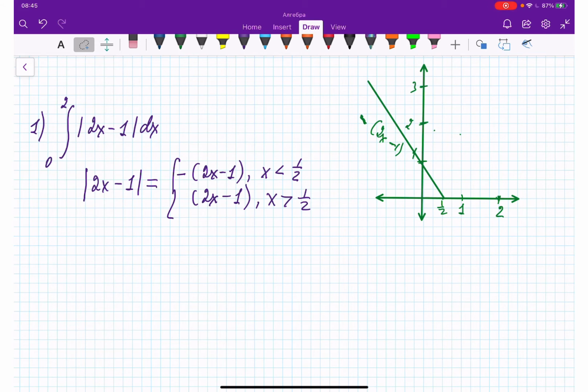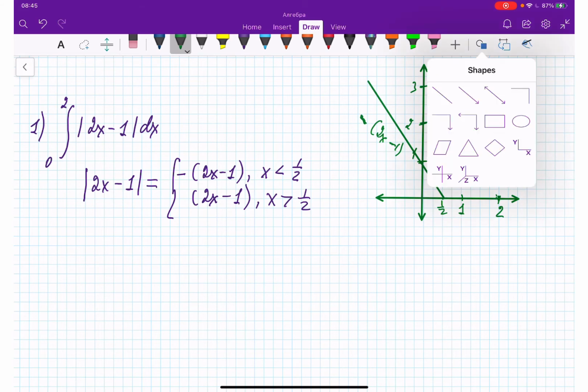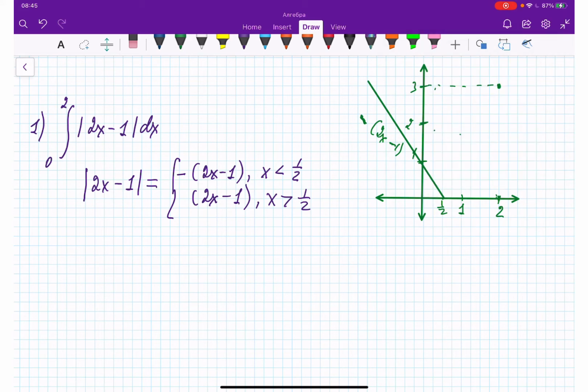So if I plug in 2, it's 4 minus 1, which is 3. And that's how I'm going to go, 2 and 3. And my graph will go through that point.